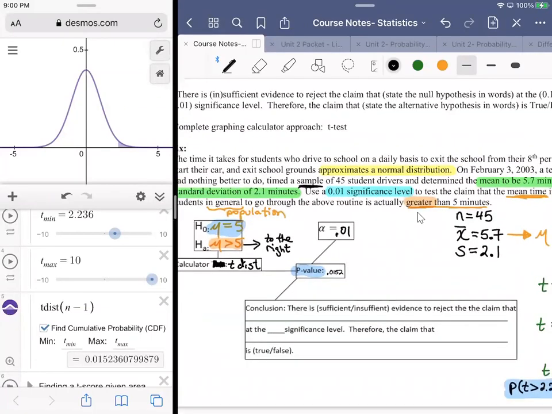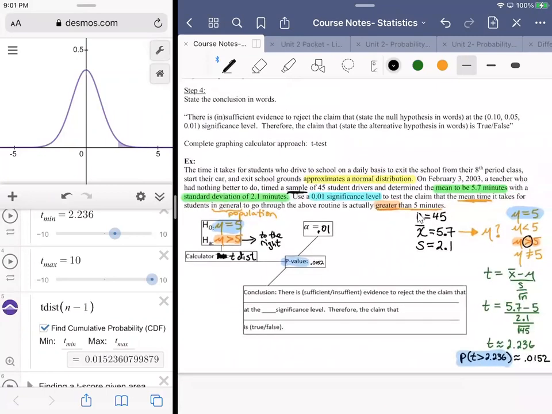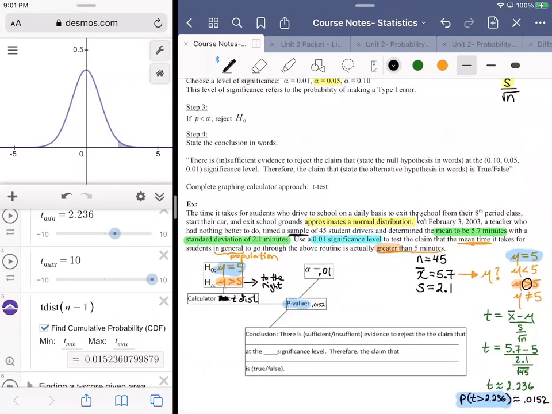So we have everything we need in order to draw our conclusion. It doesn't look like we do, but it's the relationship between the p-value and the alpha value. I didn't emphasize it before because it wasn't relevant just yet. It's the relationship between the p-value and the alpha that determines whether or not we reject.